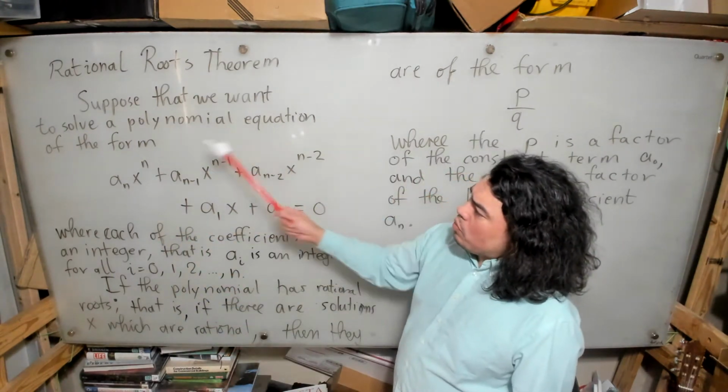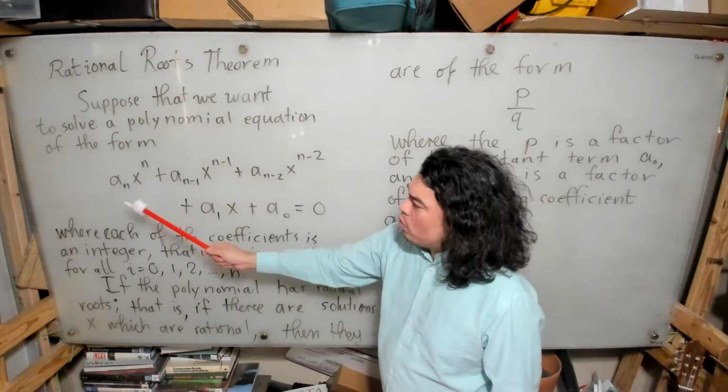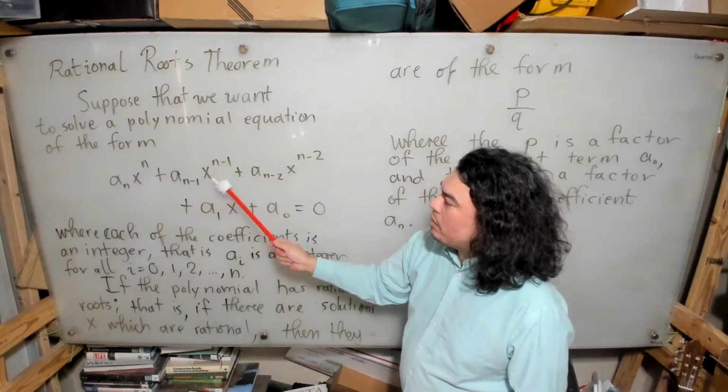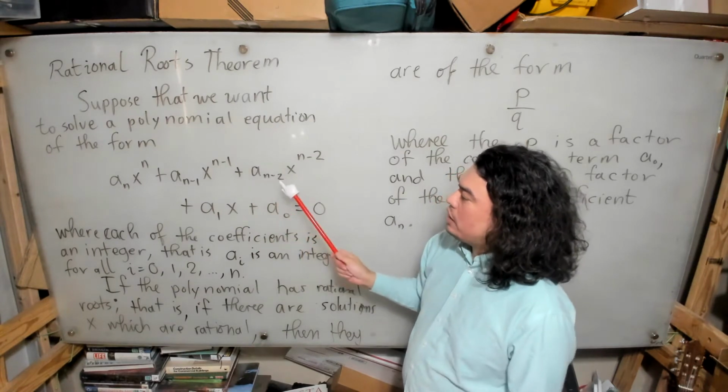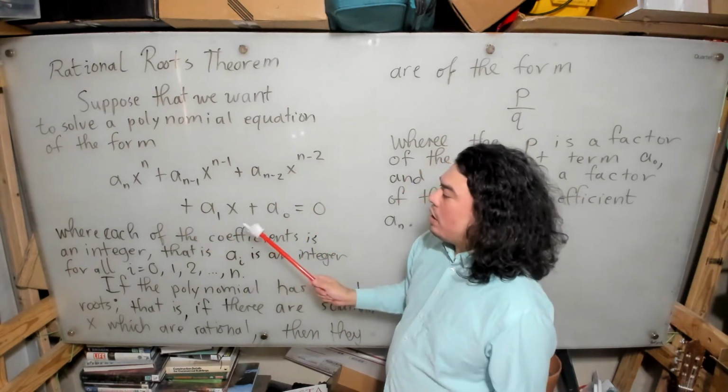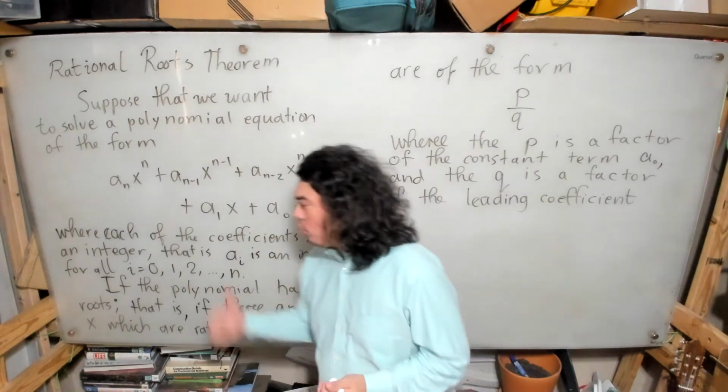So suppose that we want to solve a polynomial equation of the form like this: a sub n x to the n plus a sub n minus 1 x to the n minus 1 plus a sub n minus 2 x to the n minus 2 all the way to a1x plus a0 equals 0.